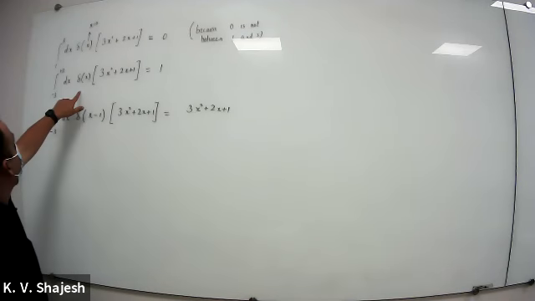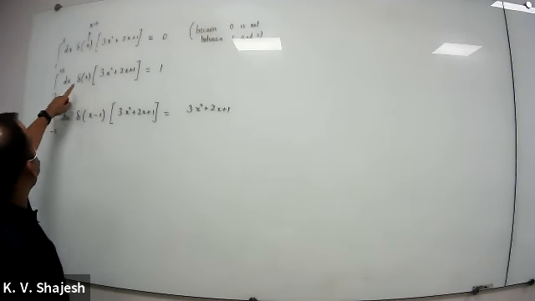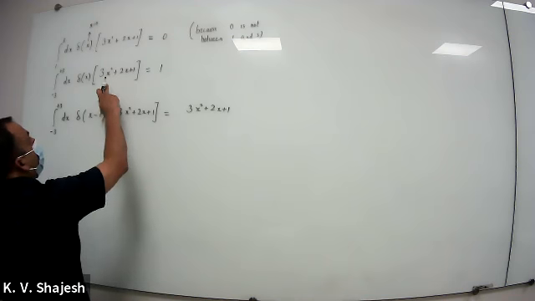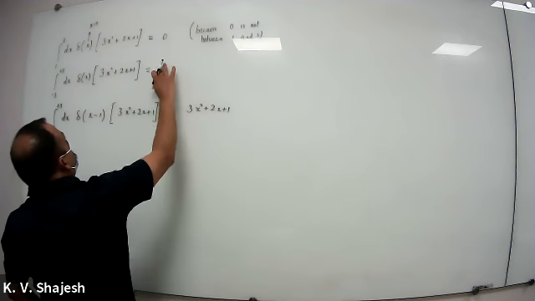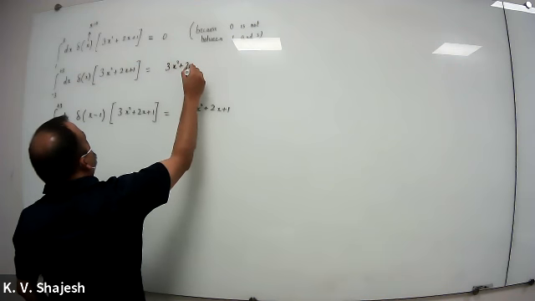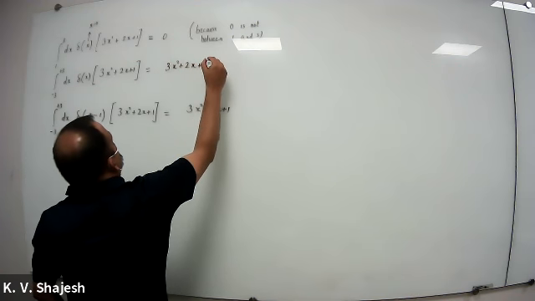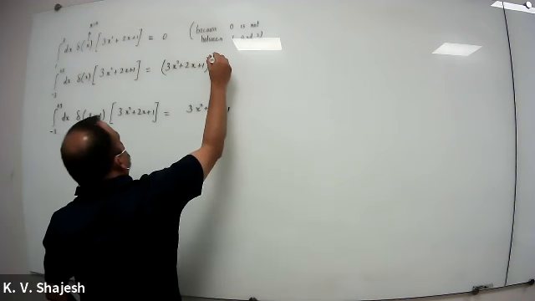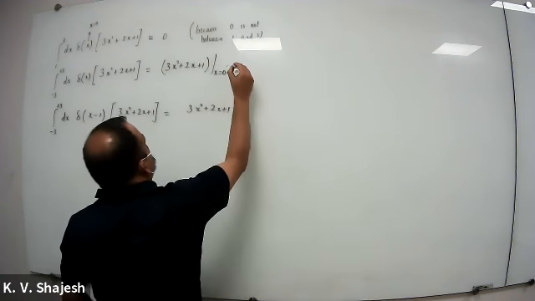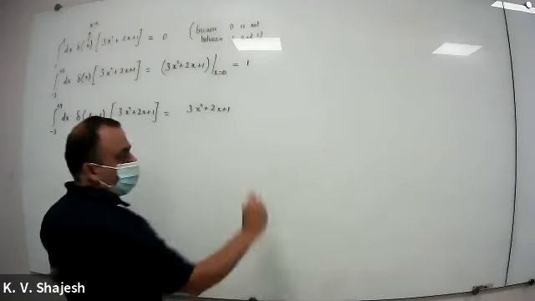In the second example, again x is equal to 0, but now it is within the limits, minus 3 and plus 3. So it does survive. So you set 3x squared plus 2x plus 1 at x equal to 0, and you evaluate that, that's equal to 1.